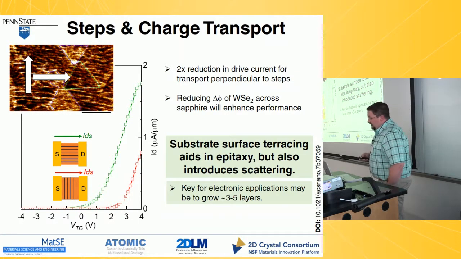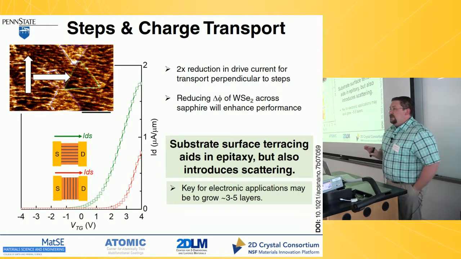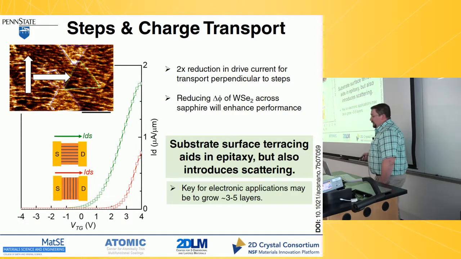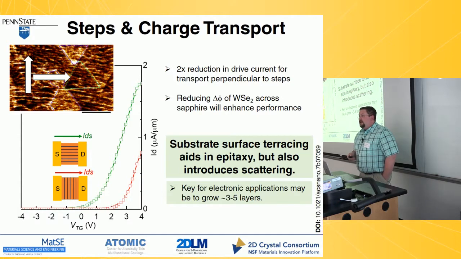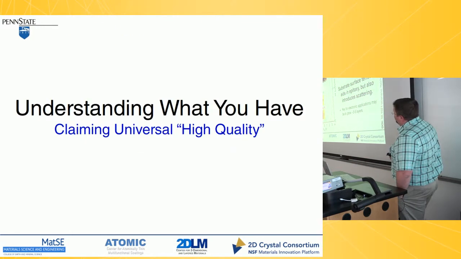So this is a critical thing that continues to need some attention. And what we found is we're actually growing 3 to 5 layers. You can dramatically reduce this and increase the mobility as well as the performance beyond, but not with monolayer. It almost acts like a buffer layer when you're growing these.